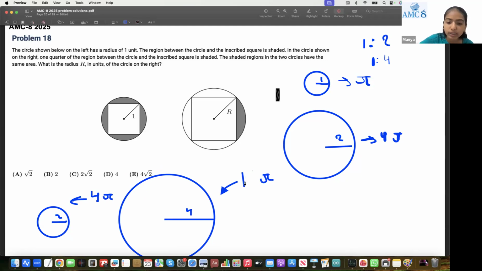16 pi. Once again, the ratio of the areas is 1 to 4. 4 to 16 simplified is 1 to 4. So the ratio of the areas would be the same, even if it's a side length.